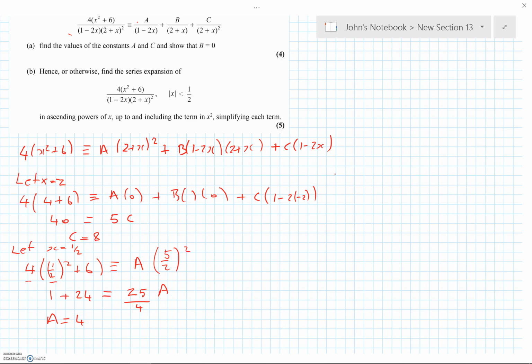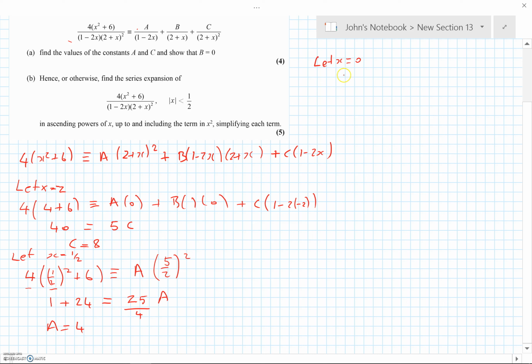I could let x equal 0, because I know a and c fairly easily, but I could also look at the constant terms of each of these as well. Let's let x equal 0. That's just as good as anything. Sometimes you can spend more time contemplating what the best thing to do is, and in fact all of them are pretty standard, so it's just a case of just getting on with it.